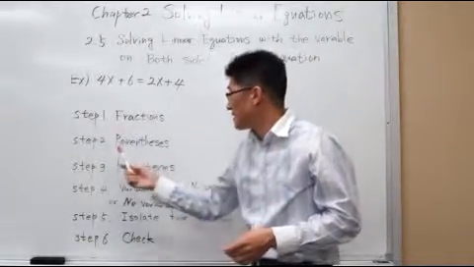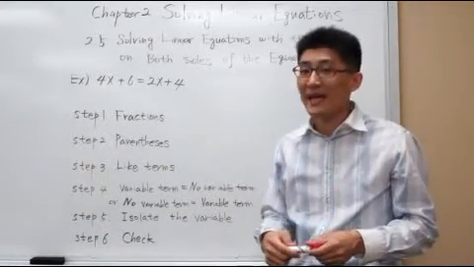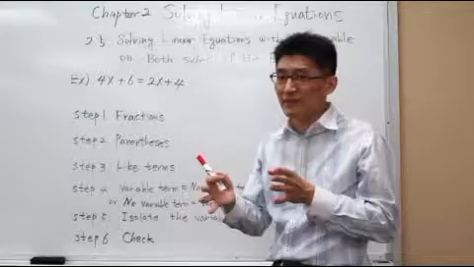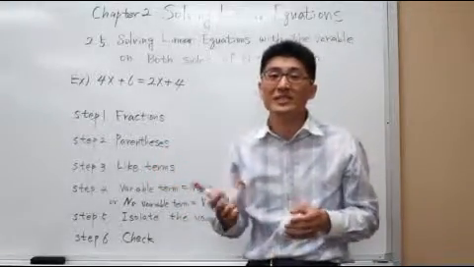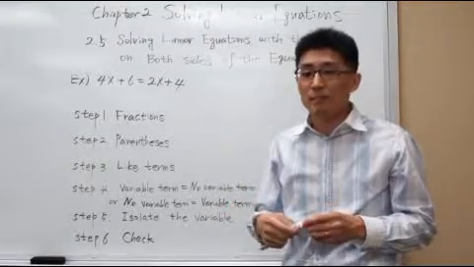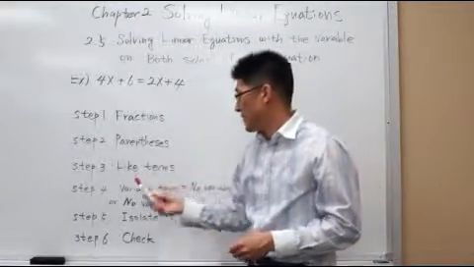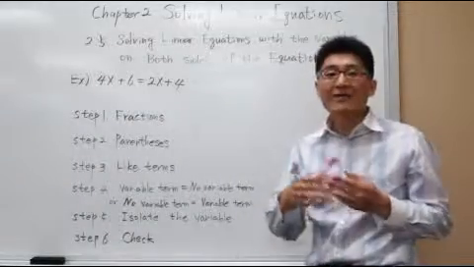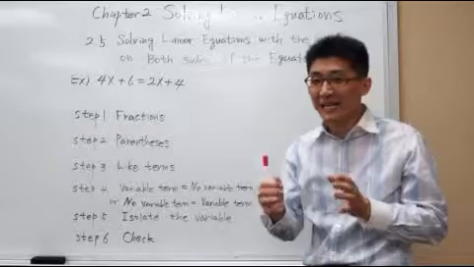The second step is, if you have parentheses, then you have to remove them by using the distributive property. The third step is, if you have like terms, then you have to combine like terms.